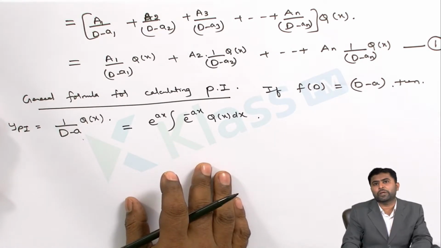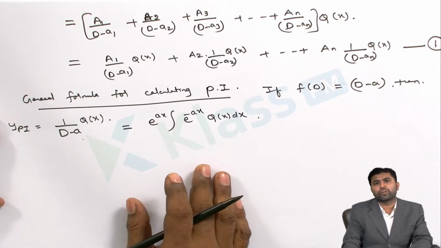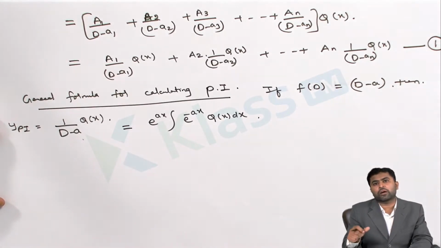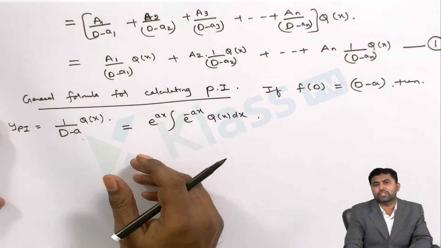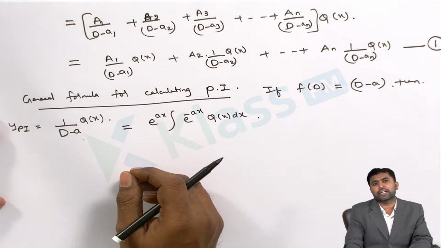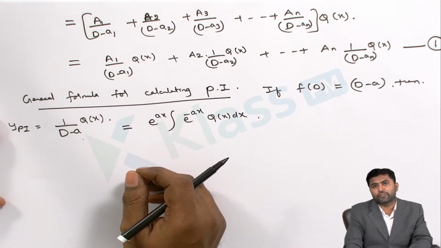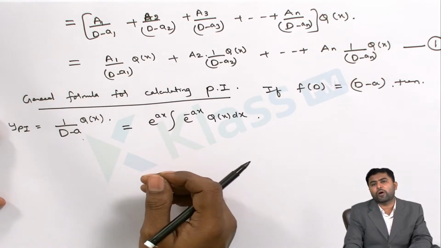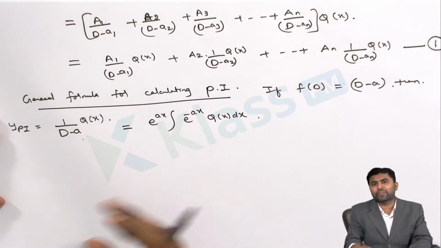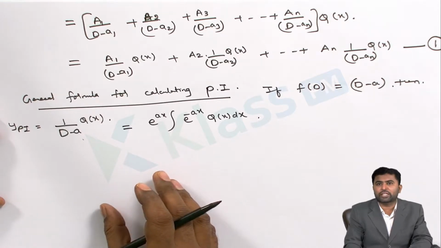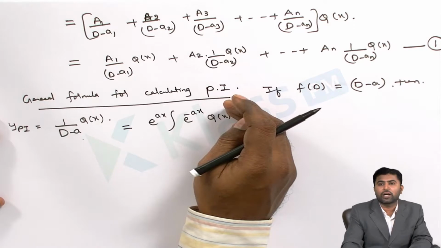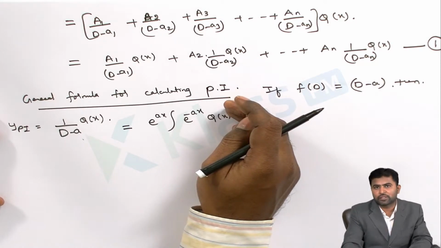But this will be a little bit lengthy, so for that reason we'll be using the direct methods for Q of x as an exponential function, trigonometric function, sin ax, cos ax, polynomial, and so on. Apart from those, if we have any other function as Q of x, then we'll be using this general formula for calculating the particular integrals.